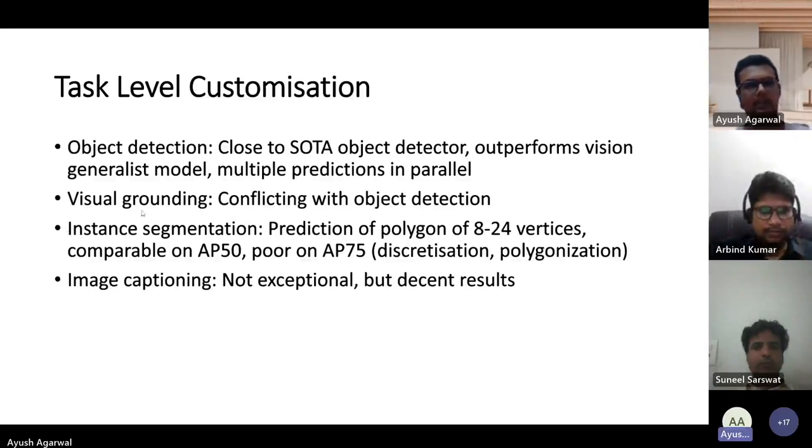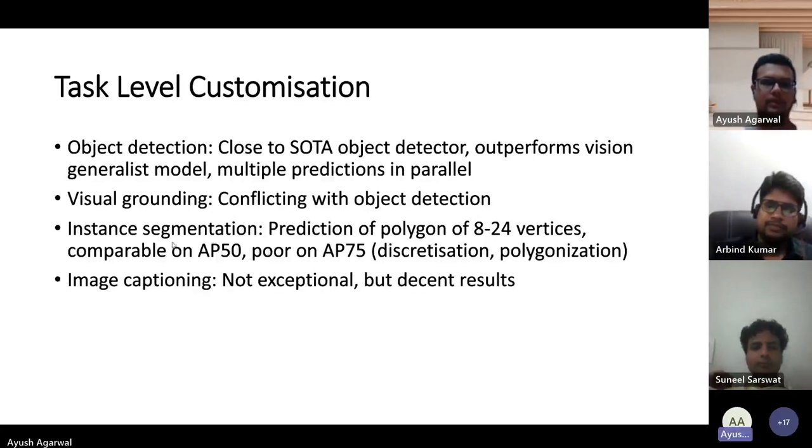Coming to instance segmentation, the way they do it is that they ask the model to predict a polygon of 8 to 24 vertices. This is a parameter that they give in the prompt itself. For example, I'll ask the model to predict a polygon of 8 vertices for instance segmentation.